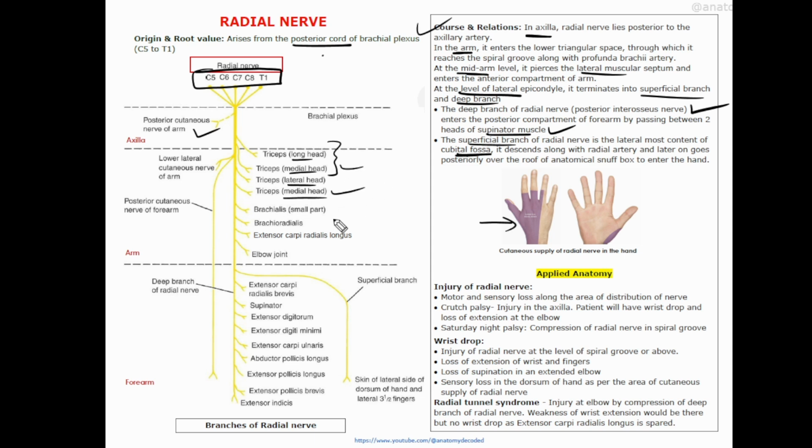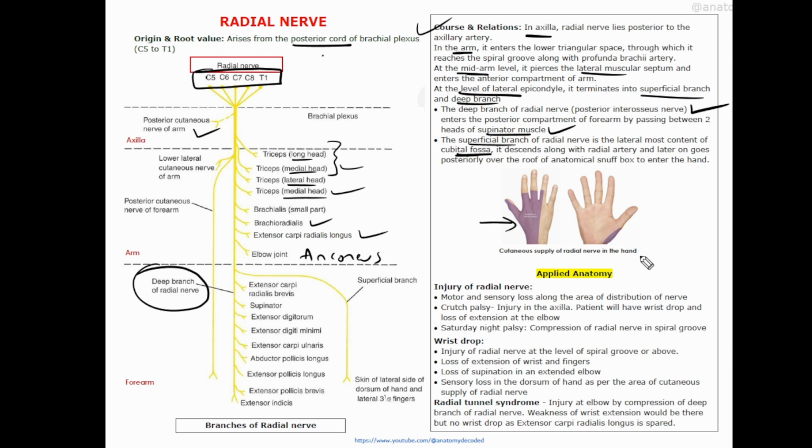Then some muscles of the forearm are supplied in the region of the arm itself: the brachioradialis, extensor carpi radialis longus, and anconeus. And all the remaining posterior compartment muscles are supplied by the deep branch of the radial nerve, the posterior interosseous nerve.